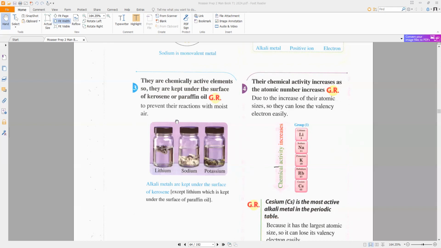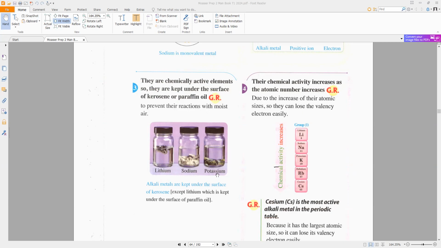So all the alkali metals are kept under kerosene except lithium, which is kept under paraffin oil because lithium floats in kerosene but sinks in paraffin oil. Why do they ask this? They are very, very active elements. We keep them under kerosene or paraffin oil to prevent their reaction with moist air, meaning the water vapor in the air.